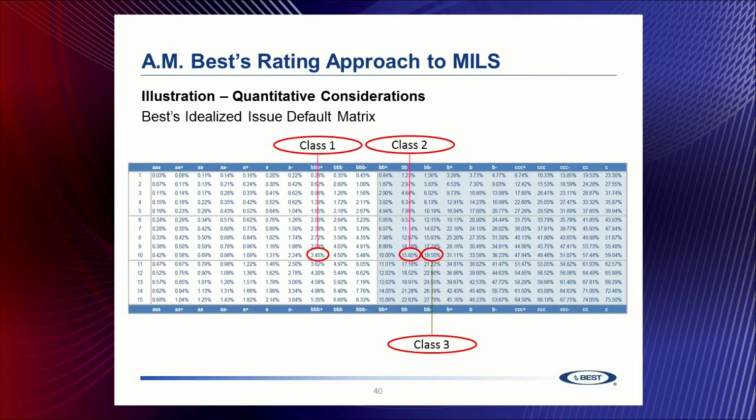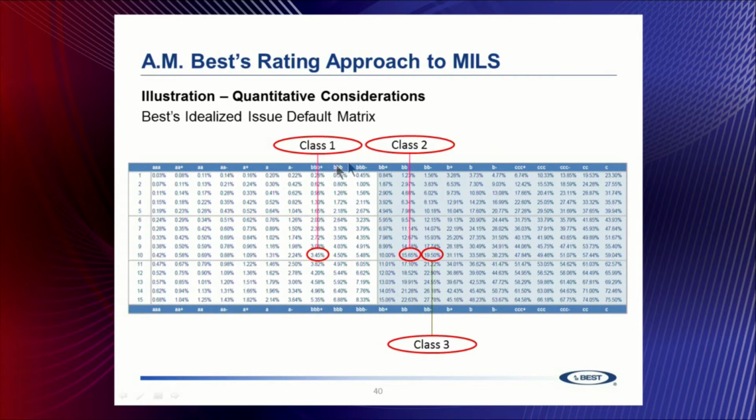Here is the best idealized default matrix. As the time to attachment is 10 years, we will focus on row 10. Remember that for Class Note 1, default probability is estimated to be 3.65%. The number in this entry is 3.65%, which is the closest, and the corresponding rating is BBB+.